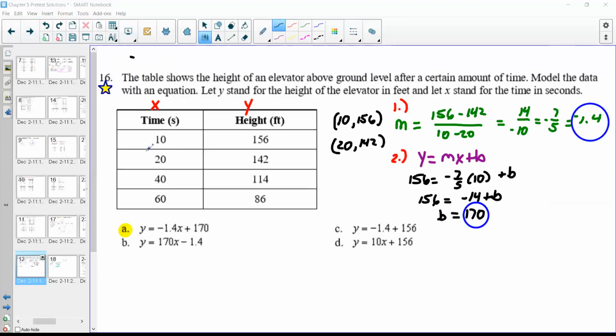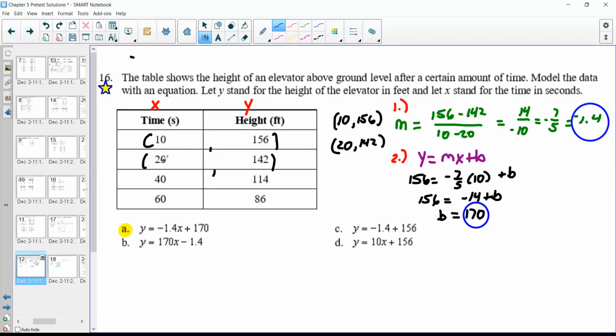So the directions say let the time values be your x values and the height values be your y values. And then we're asking for the equation. So each one of these is like an ordered pair. Because if I plotted it, I'd go along from the origin 10 along the x-axis and then 156 up and so forth.